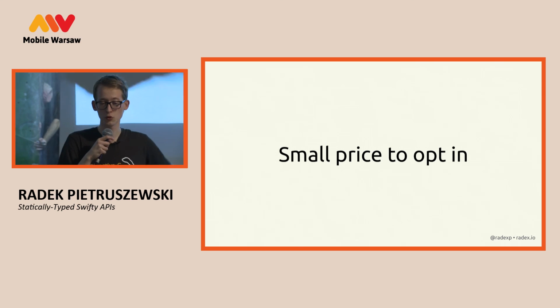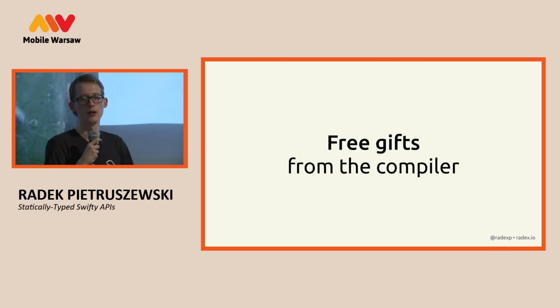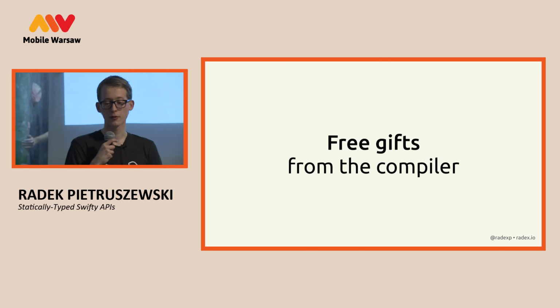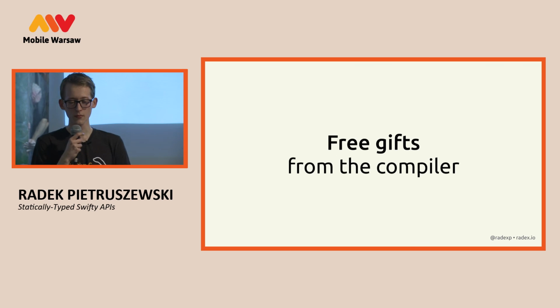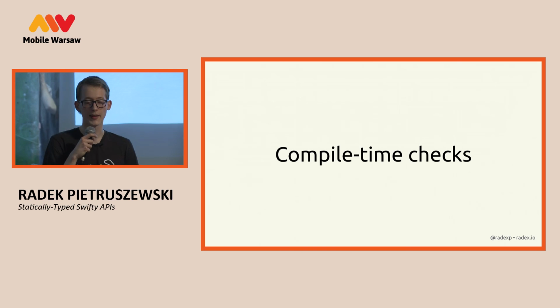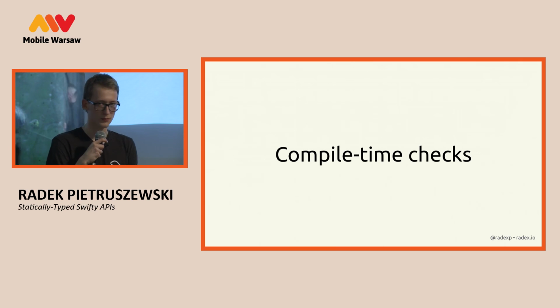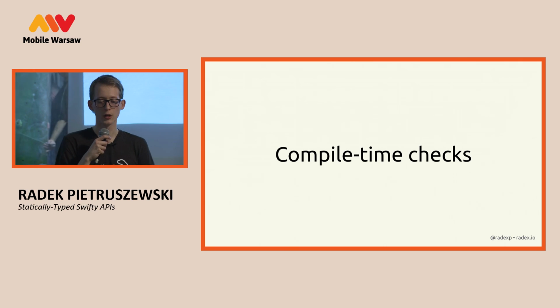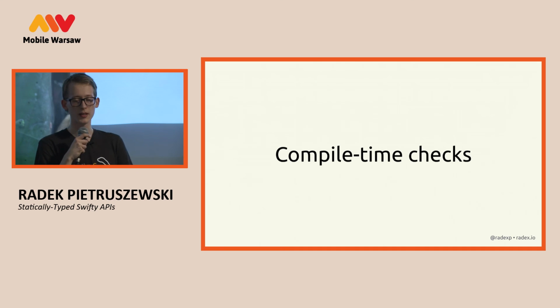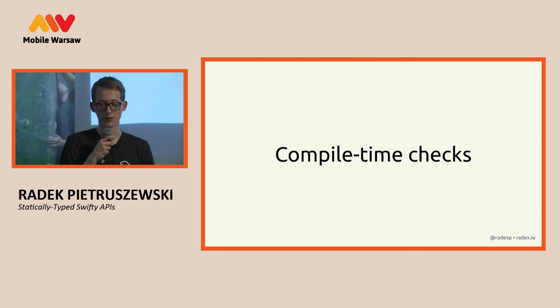But when you invest a little bit, you get much more from the compiler back. You get compile time checks, which means fast feedback, which means entire classes of just stupid things you don't even have to run, recompile, or browse throughout your app to discover. You'll discover it immediately, and you will fix it immediately. And it means a greater degree of confidence when you refactor.